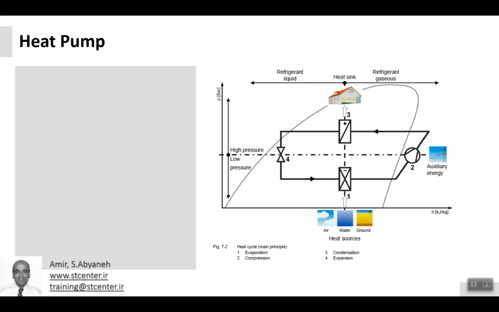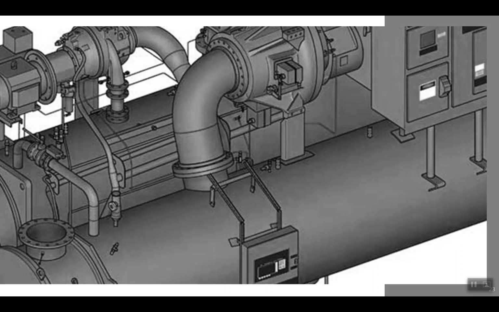In a heat pump, we use the heat outside of the building, which is free in nature, and we use very little electricity to make the inside of the building hot. So this is also a part that is going to be controlled and monitored in the BMS systems.